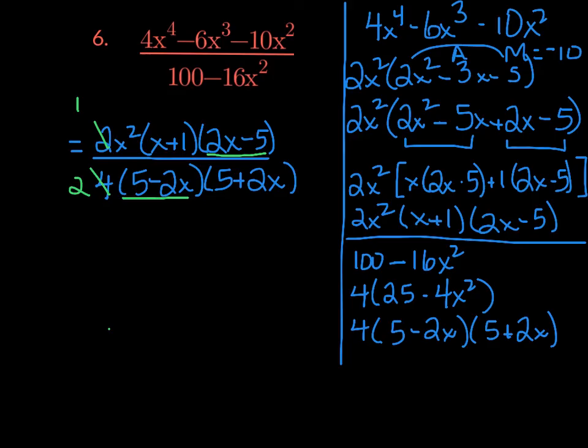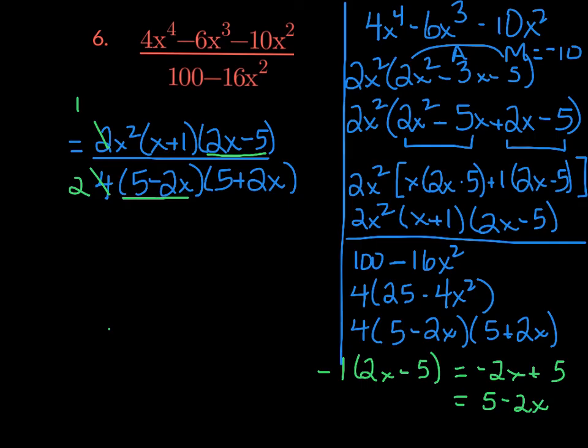So what we can do is, let me see if I can write this down here. If I have 2x minus 5, I'm going to look at that factor in the numerator. If I multiply that by a negative 1, do you see that that gives me negative 2x plus 5? Okay, which is the same as 5 minus 2x.